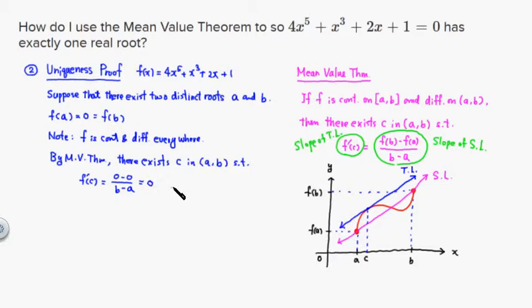Can this give us a proof by contradiction? All right, so let's look at the derivative. Since we have a function, we can find a derivative, right? Derivative of 4x to the fifth: 5 times 4 is 20, x to the fourth power.